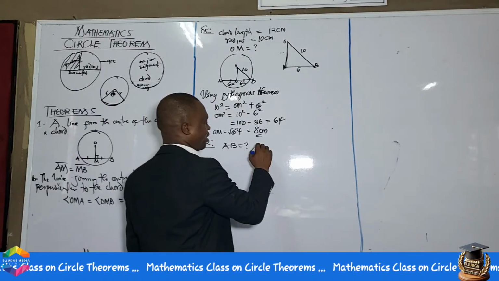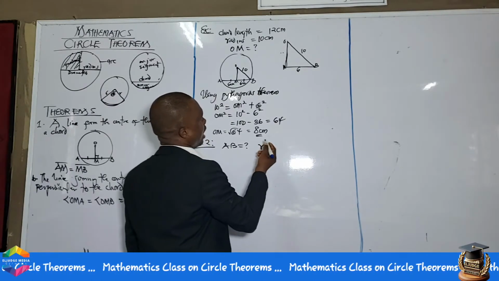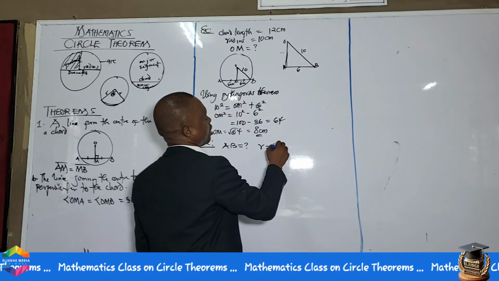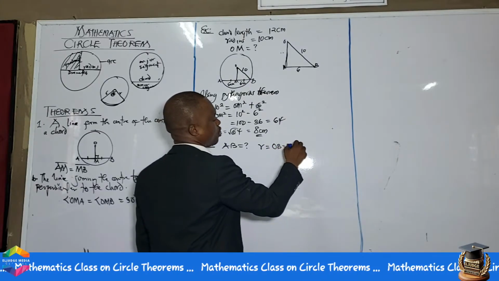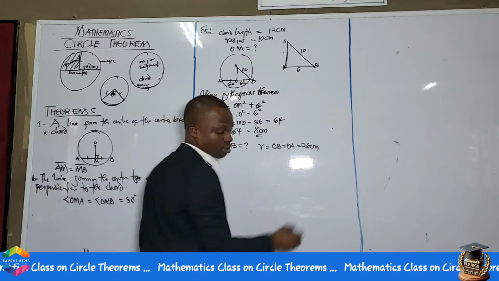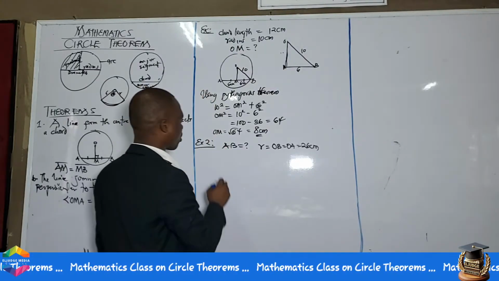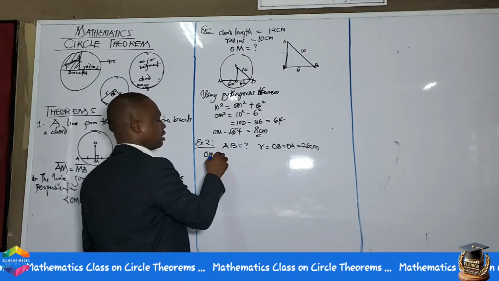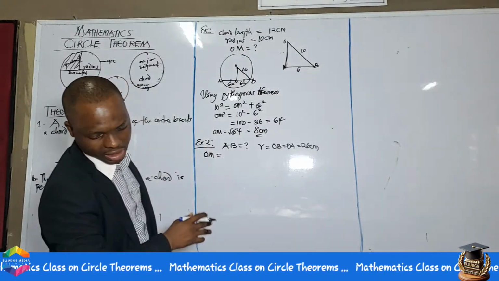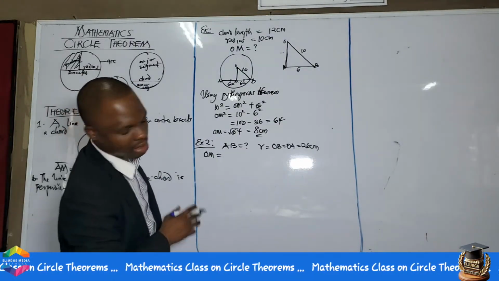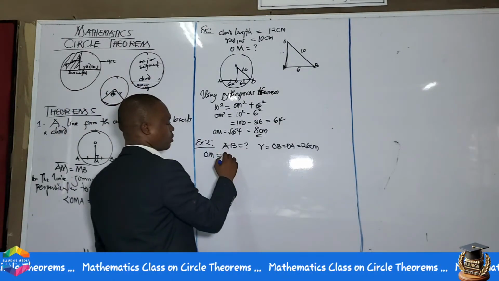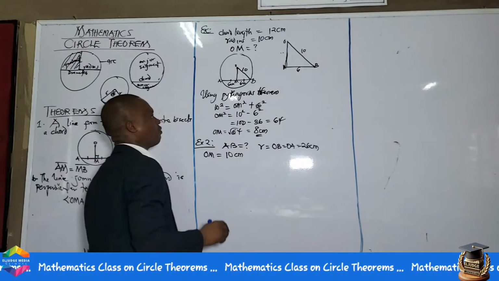The circle has a radius of 26, that's OB, or OA, which is the same thing. So 26 centimeters. If the chord is 10 centimeters from the center of the circle, so OM, the chord is 10 centimeters from the center of the circle.